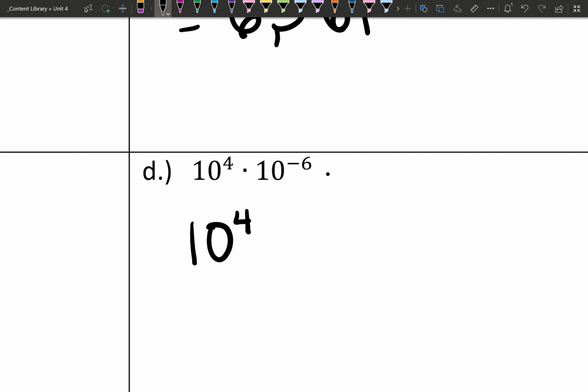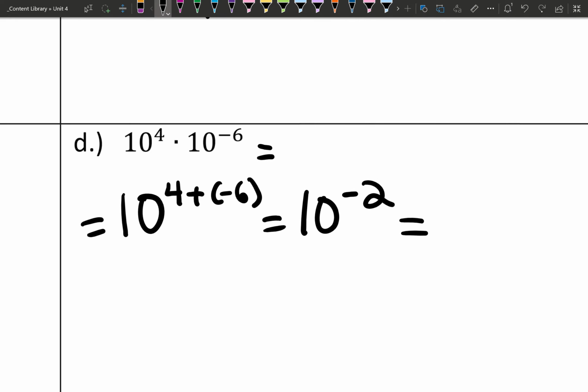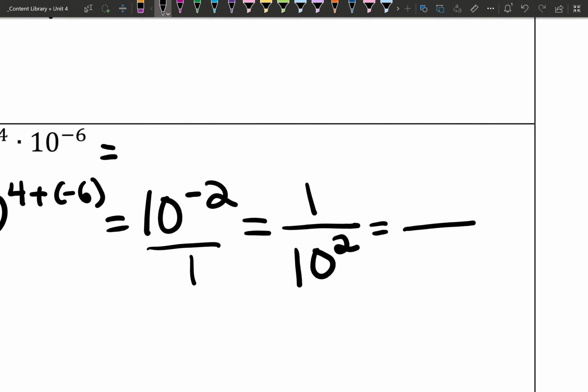That becomes 10 to the power of 4 plus negative 6, which is 10 to the power of negative 2. I don't like that. Let's rewrite that as a positive exponent. So it's 1 over 10 to the 2nd, which is 1 over 100.